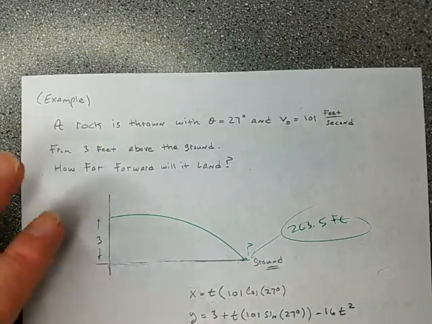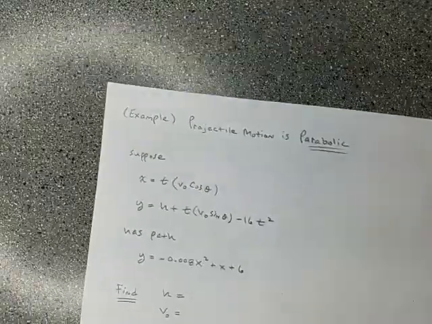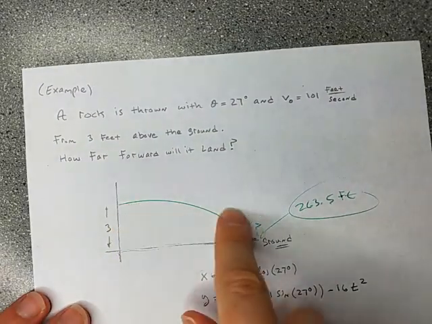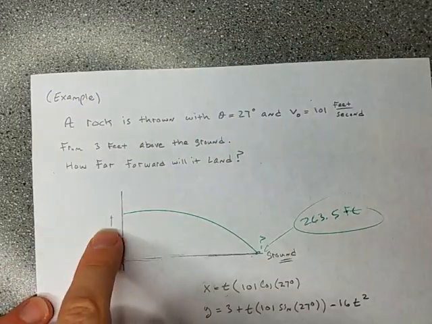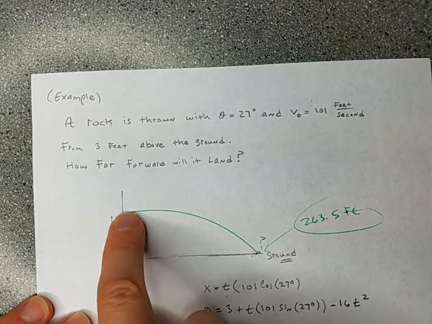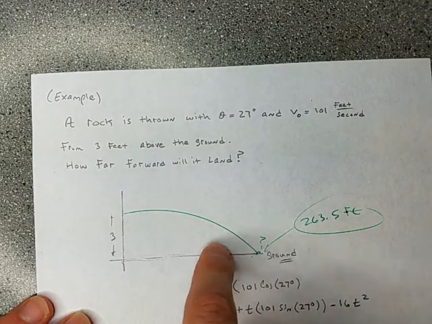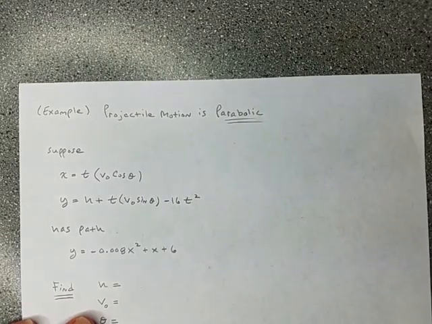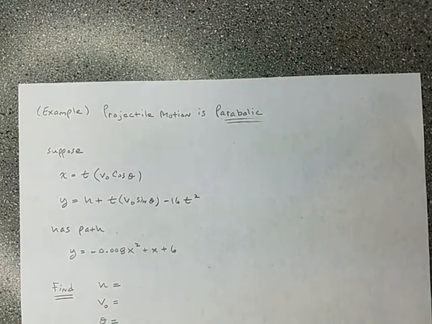Now, something I want to follow this with is the fact that projectile motion is parabolic. In other words, like this arc that rock would travel through before it hit the ground, rise up a little bit, fall back down, that is a parabola. It's parabolic. So I wanted to first make that statement and then see if I could show you why I think that.